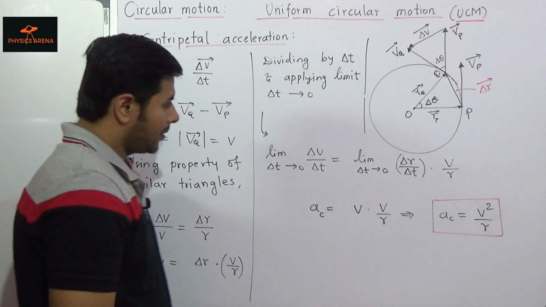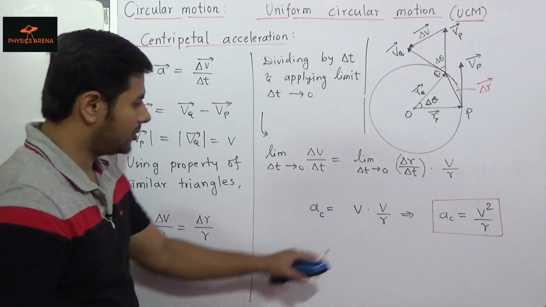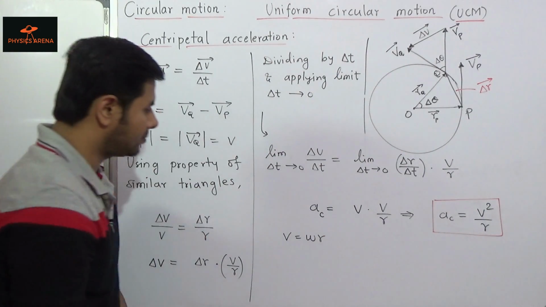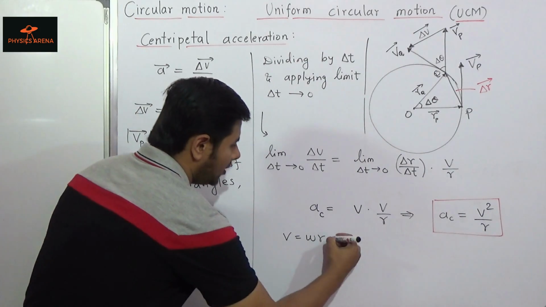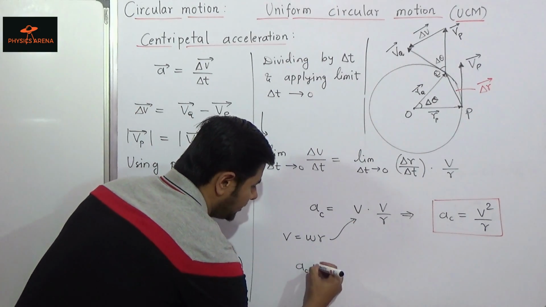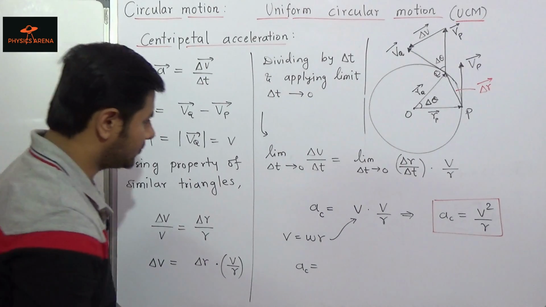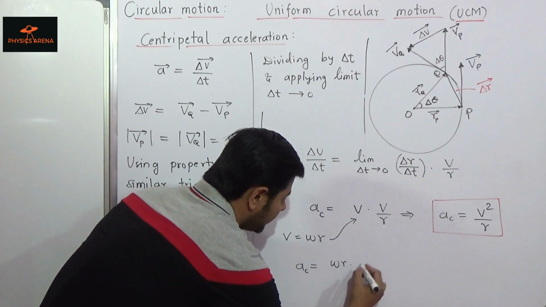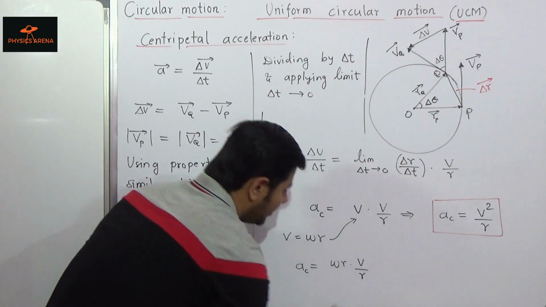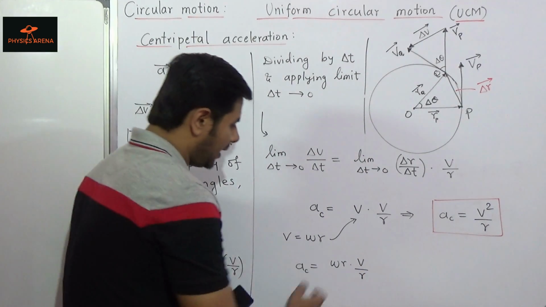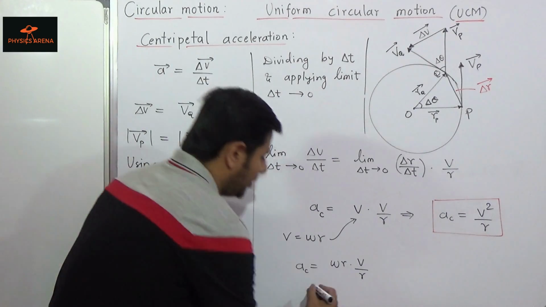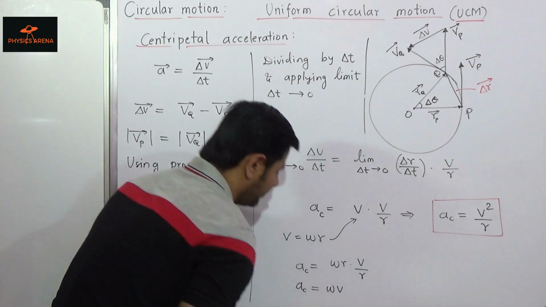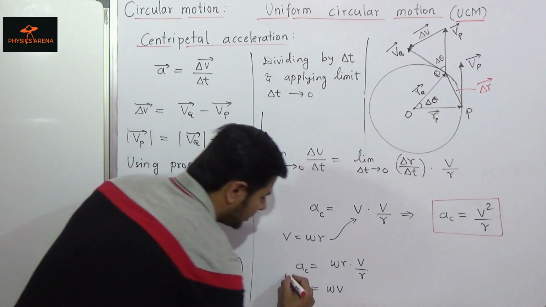Then now we can substitute for this v, omega times r, and rewrite this formula as AC equals omega times r multiplied by v over r, and this r and r get cancelled. So we have another formula, AC equals omega times v for centripetal acceleration.